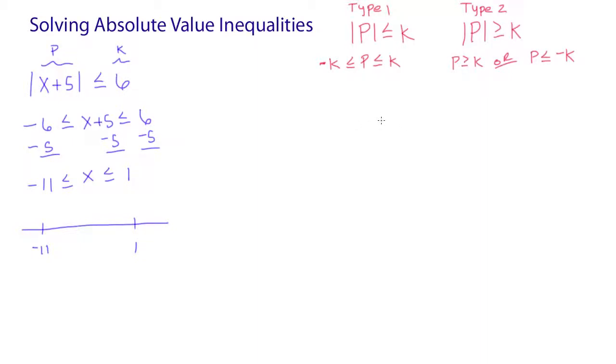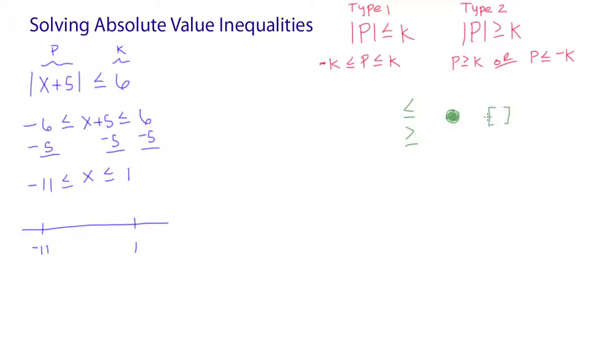Let's say we have less than or equal to, greater than or equal to. This will be represented as closed circles. Also, less than or equal to, greater than or equal to is also represented as square brackets.